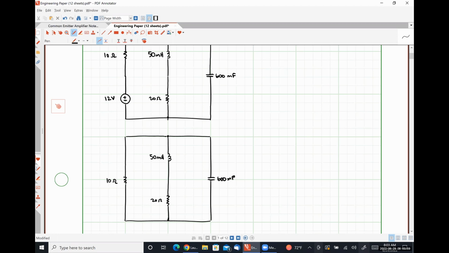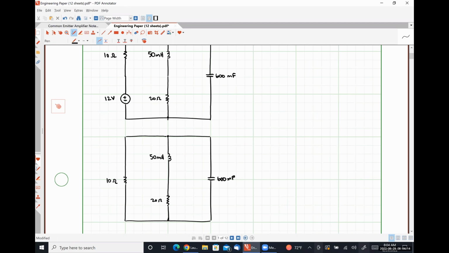And it's obviously not a series connected circuit because the inductor, the capacitor, and the resistors aren't connected in series. So we are going to have to come up with some rules in order to solve circuits like this.